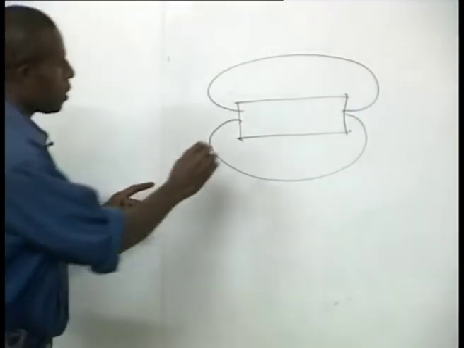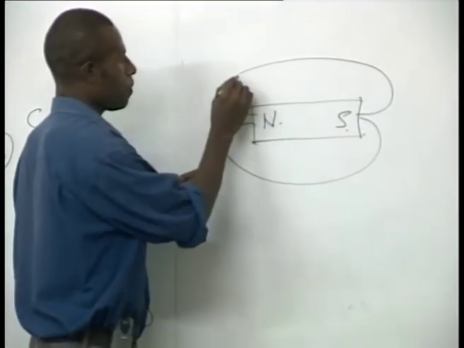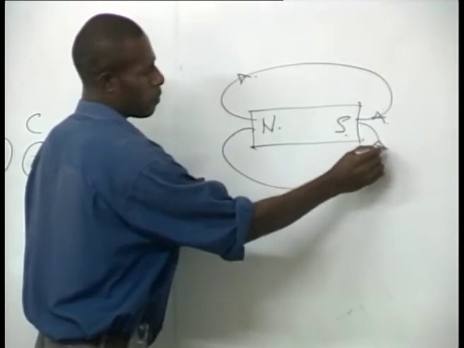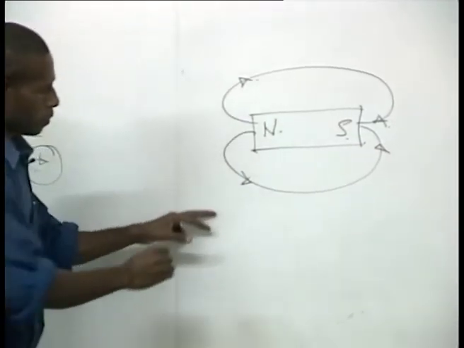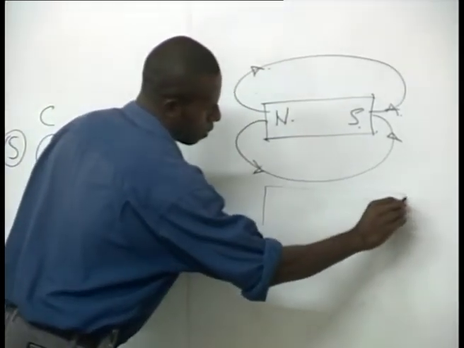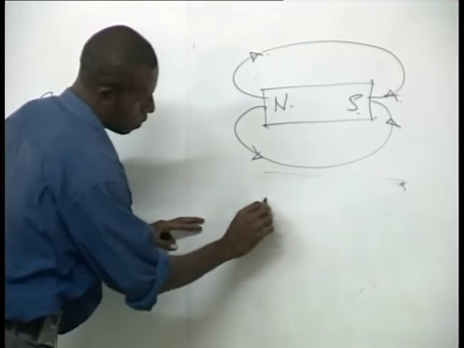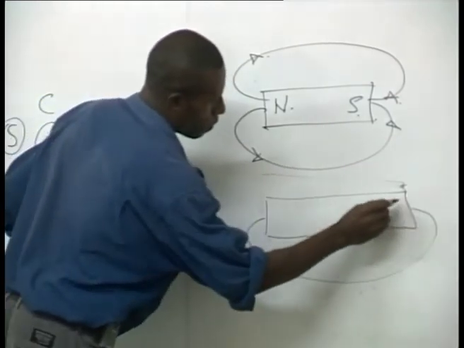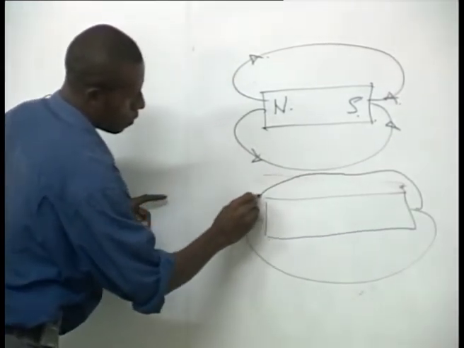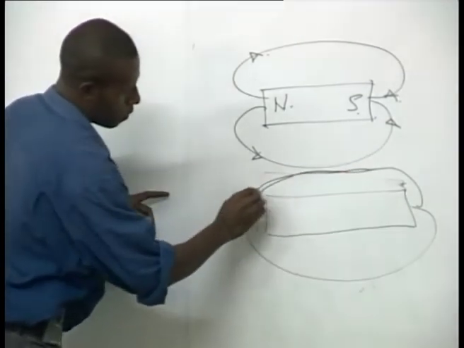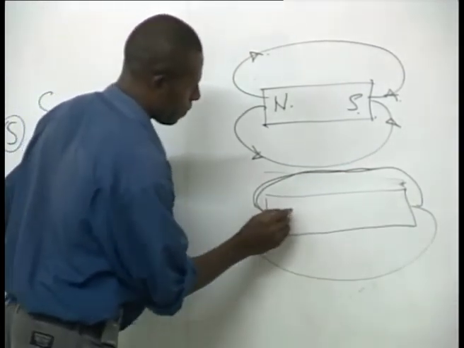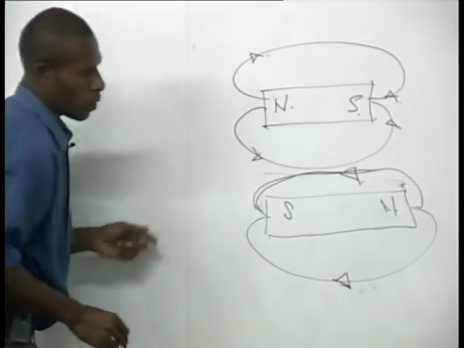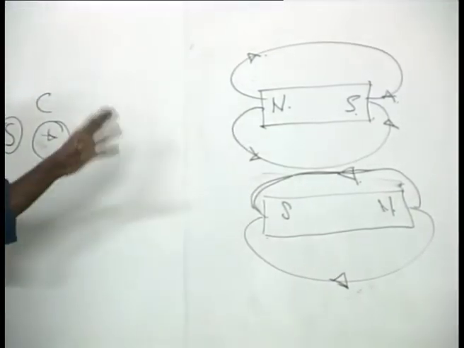Right, the first one was the north and south. So, okay, field line should be... right, your diagram should look something like this.